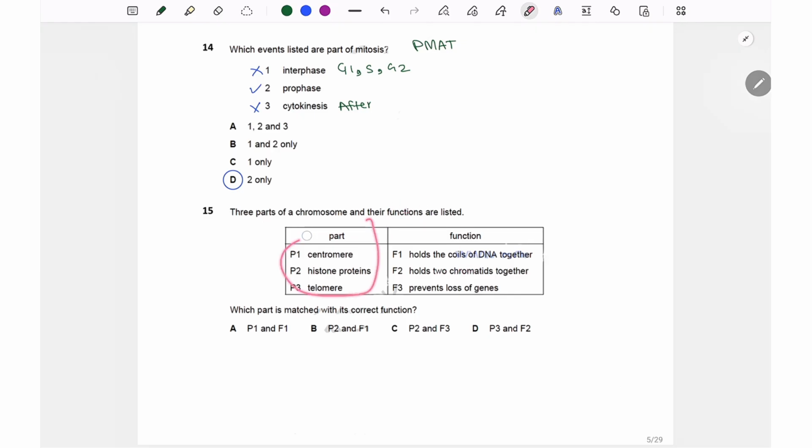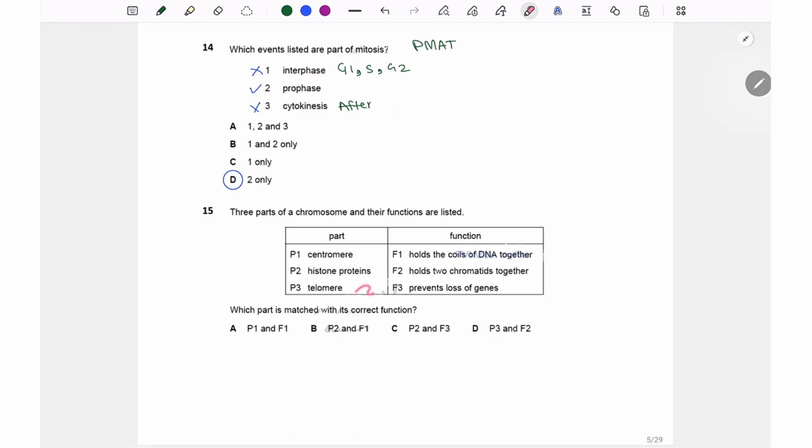The next question is matching parts of chromosome to their functions. So these are the parts and these are the functions. Centromere holds the coils of DNA together. That's not centromere, that's going to be the histone protein. The histone protein is P2. P2 should be matched with this, and then holds 2 chromatids together. That's going to be centromere.